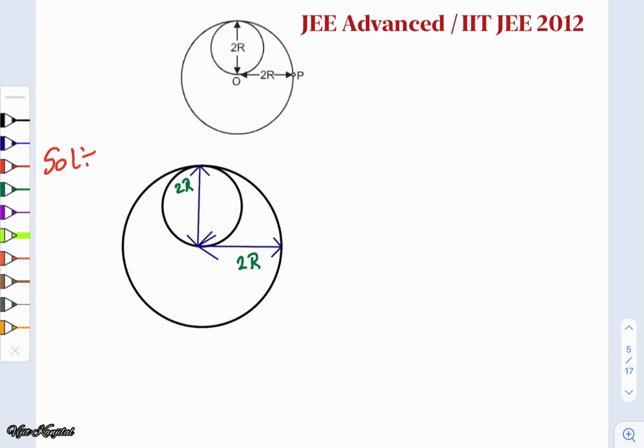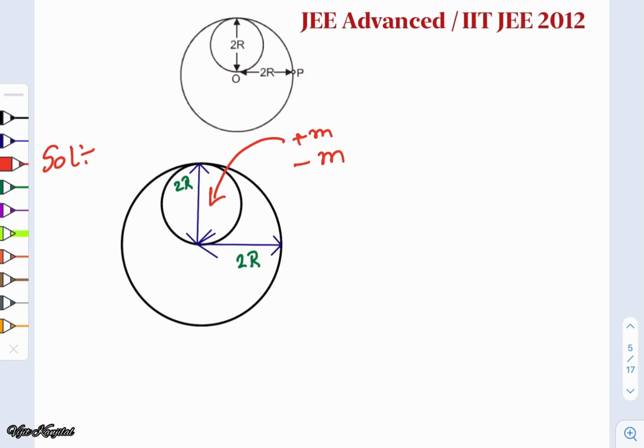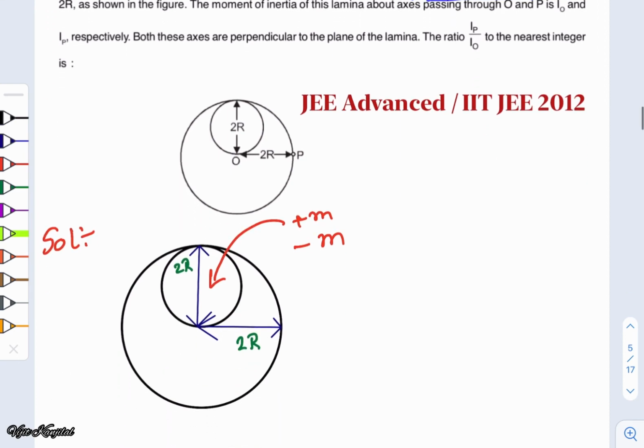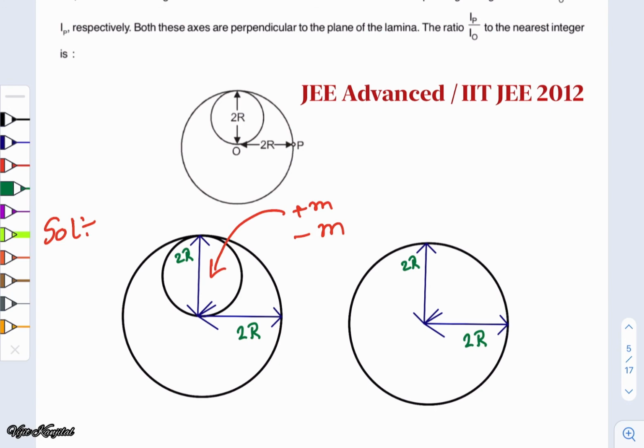So like before, what we should do is we should assume that this portion is filled up with a mass of plus m and minus m such that there is uniform mass distribution, as it is mentioned in the question that this disk is having uniform mass distribution. Let us assume that the mass of this entire disk, where initially there was no hole, as m.